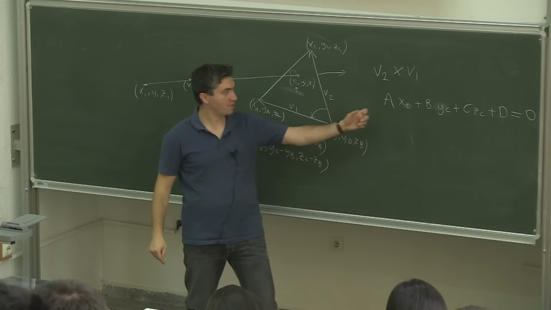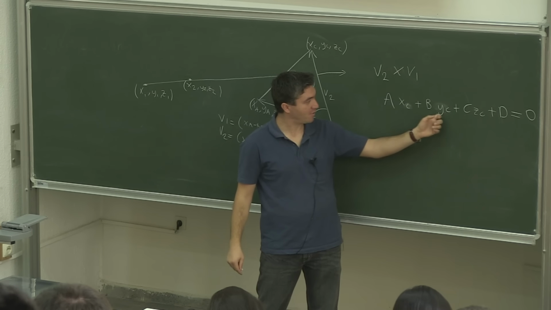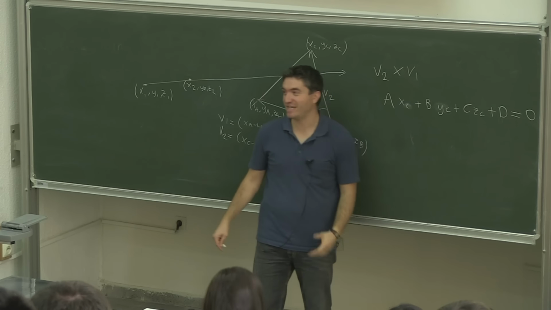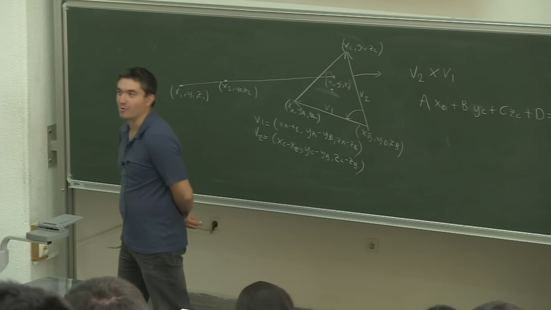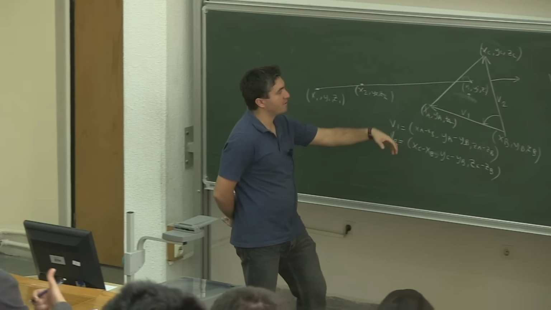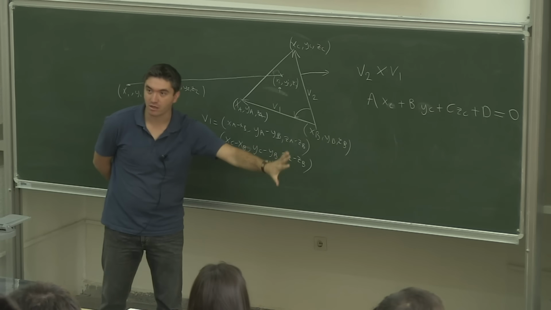After finding the normal, you know what ABC is, and XC, YC, ZC is already known. The only unknown in this equation is D, so you know D as well. By using cross product and one of the points, you can find the plane this triangle lies on.